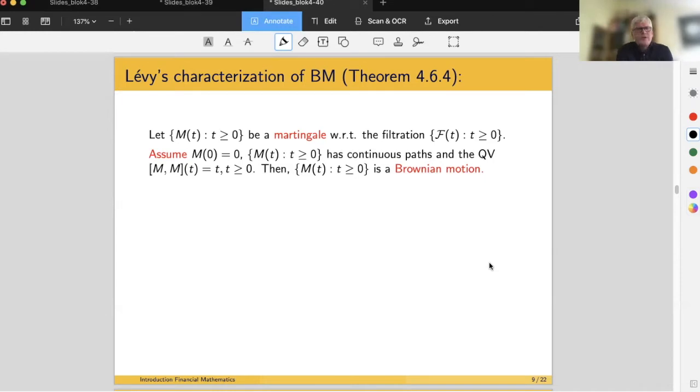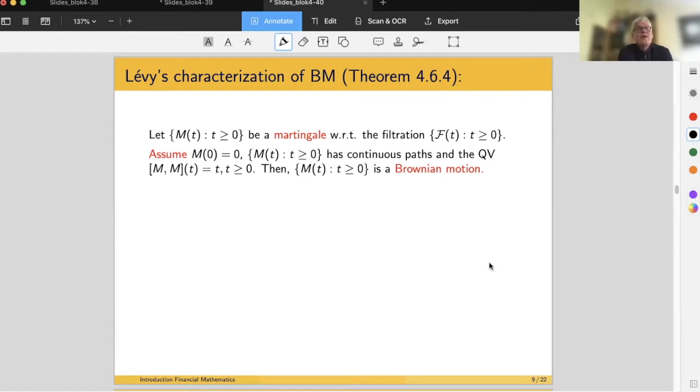Now, if you look carefully at what we are saying here, the property that M_t is a martingale plus the property that the quadratic variation equals t is in fact enough to determine the distribution. That is to say, what we are lacking next to continuous paths and M_0 equals 0 is that the increments are independent and normally distributed with mean 0 and variance equal to the size of the time interval.